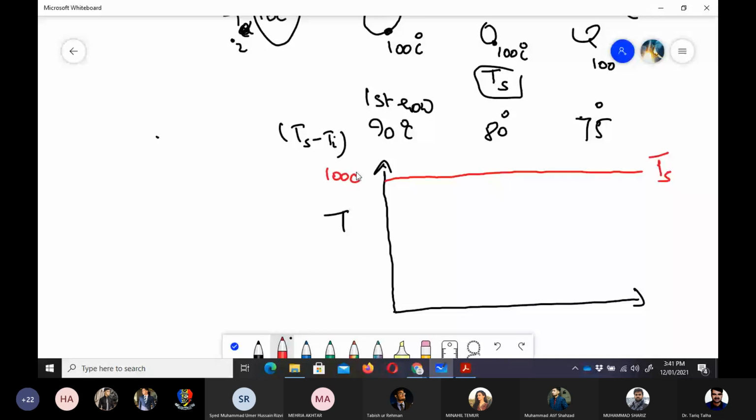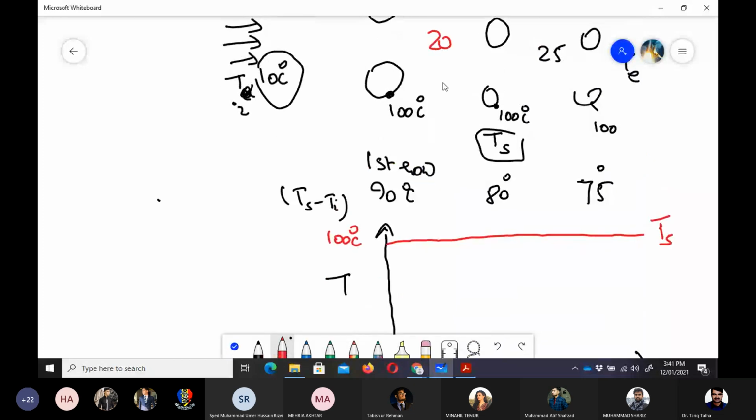This was Ti, which was I think 10 degrees. Now you can see that in the first row the temperature rise is 10 degrees, but here it is 5 degrees. So what does it mean? Oh, sorry.